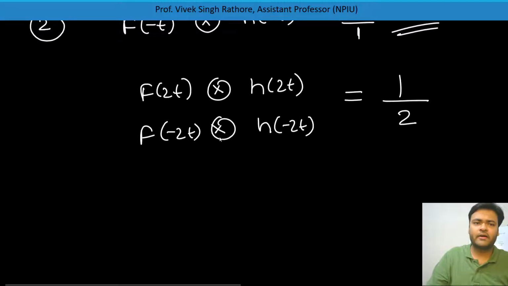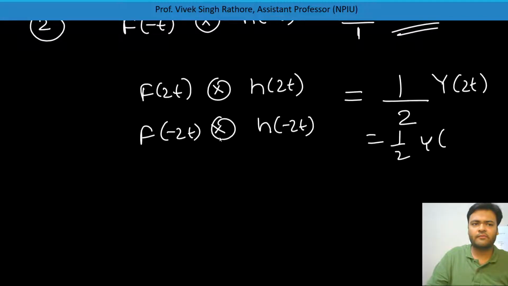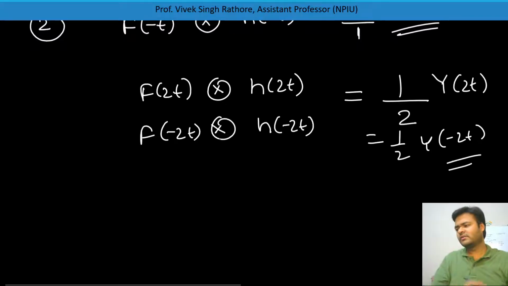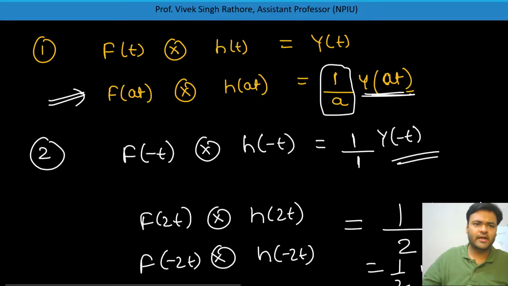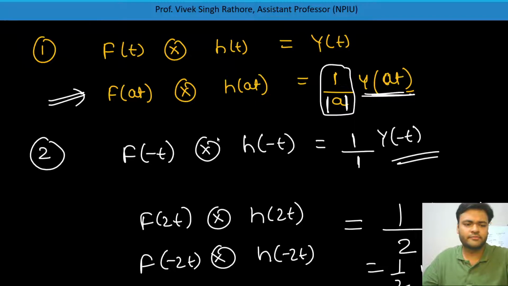In the first case the output will be half y of 2t, in the second half y of minus 2t. So a may be positive or negative, but the factor is always positive, so you can write it as 1 by mod a.